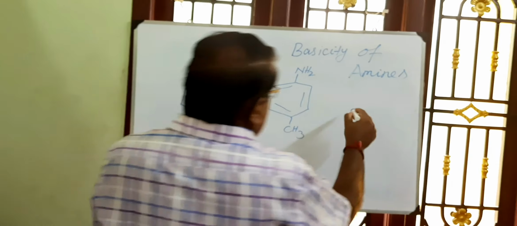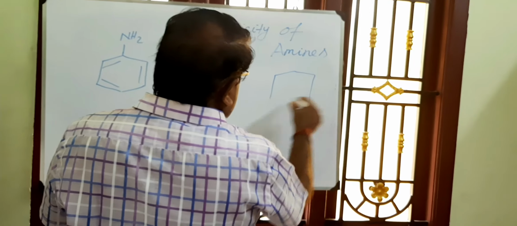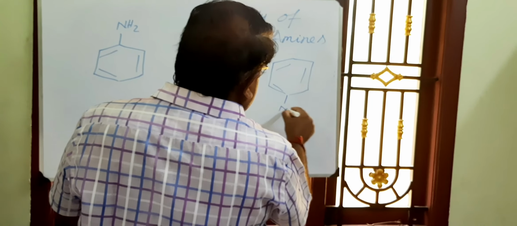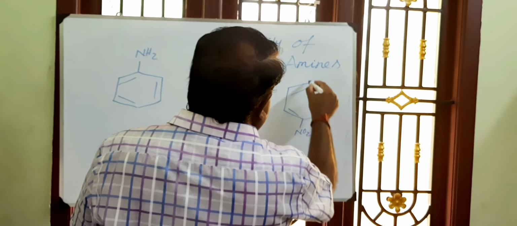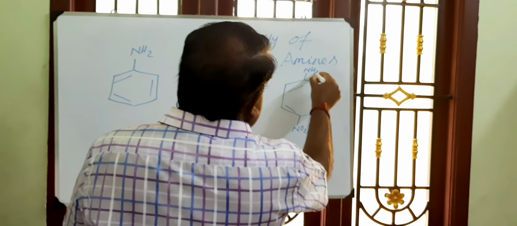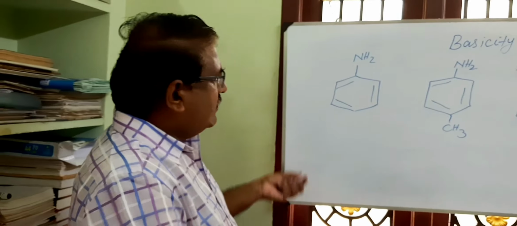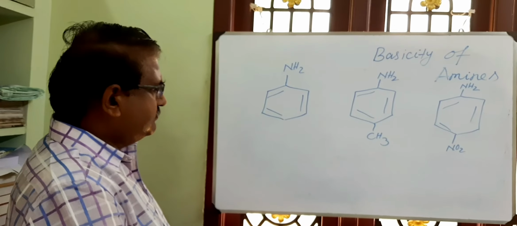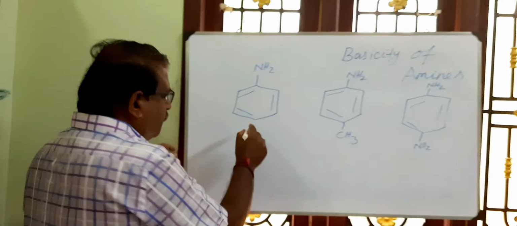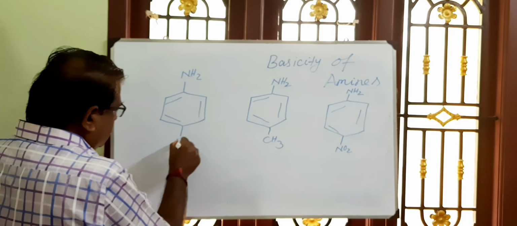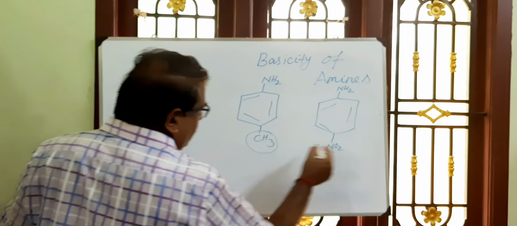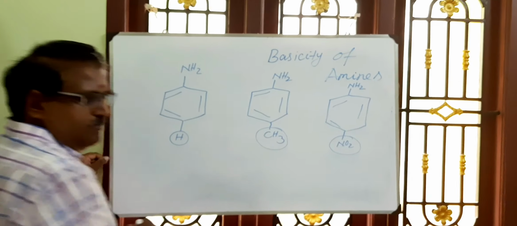Now consider another molecule. So now we can compare the basicity strength of these 3 molecules. Here we have a proton, in this case we have a methyl group, in this case we have the NO2 group.